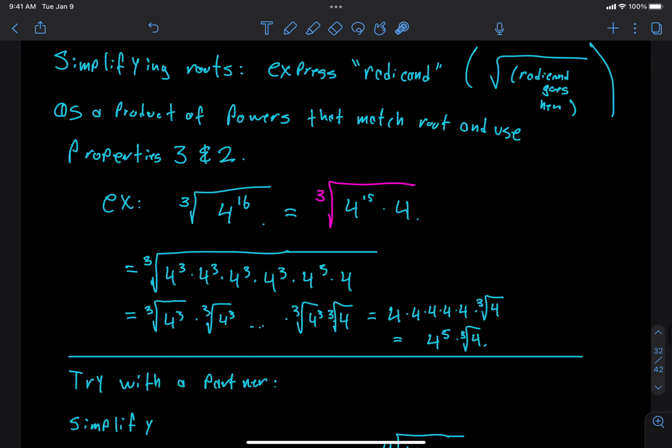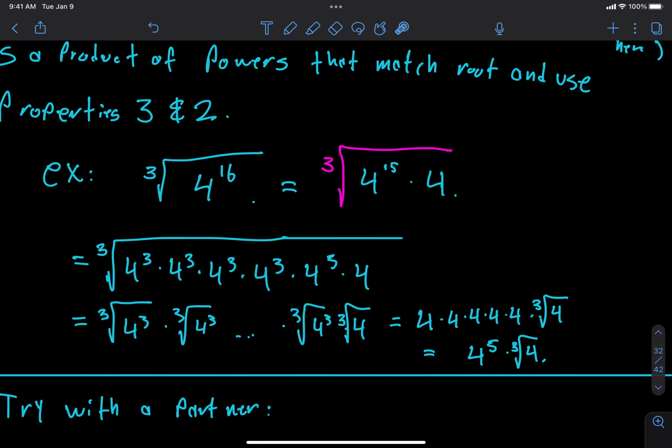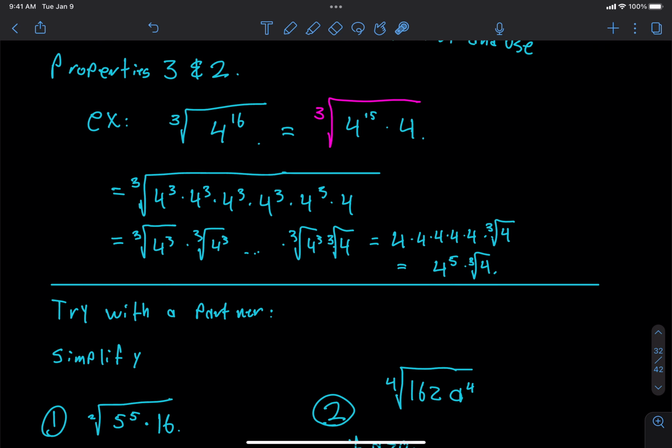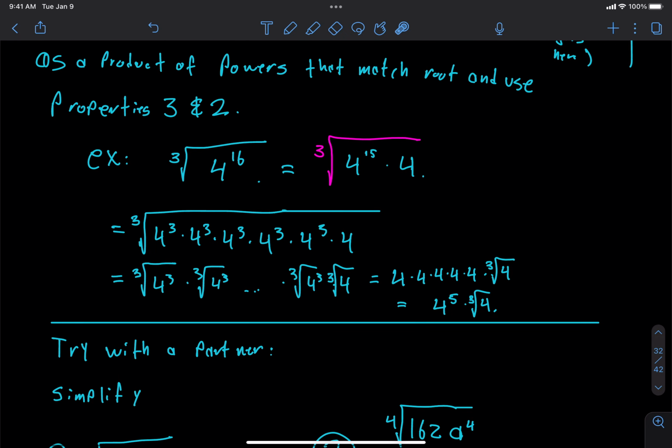Okay, so then we talked about simplifying roots. Simplifying roots was as simple as expressing the number inside as powers of numbers. And we can always take out of a root any power of a number which is a multiple of that root.